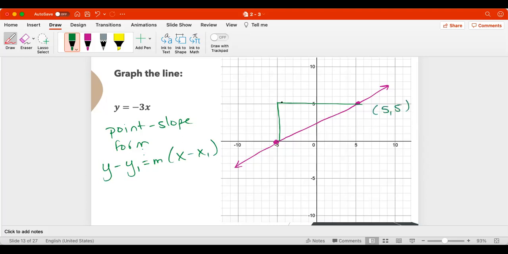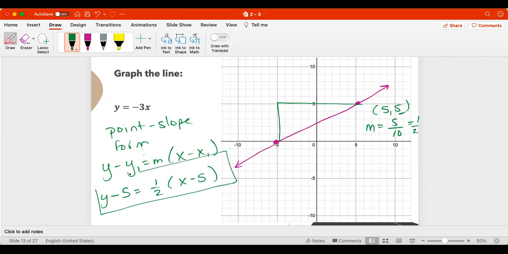And we just found the slope, right? It was up 5 over 10. So we said m was 5 over 10, which simplifies to a half. So we would say y minus the y value, which is 5, is equal to 1/2 x minus the x value, which is 5. And that's the point slope form of the line.